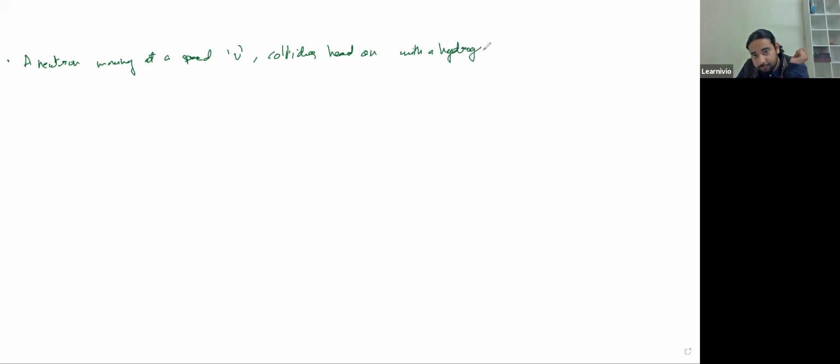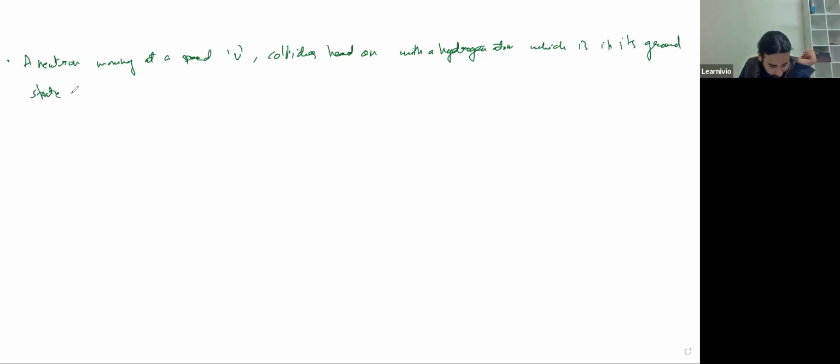Anyway, let's just continue from where we were. We were writing this question down. Obviously, it's all gone. So I have to write it again. A neutron, which is moving at a speed v, collides head-on with a hydrogen atom, which is in its ground state.